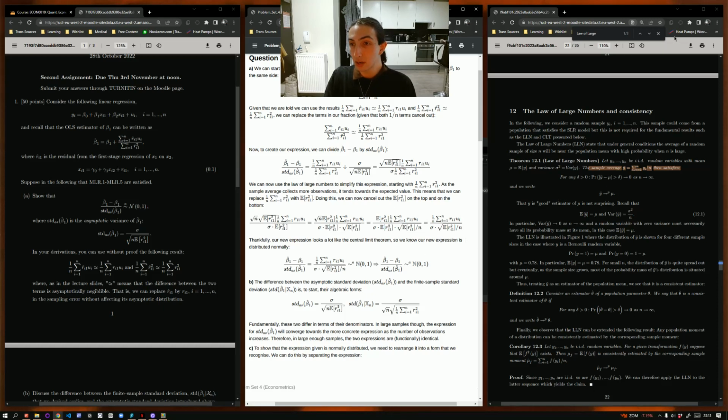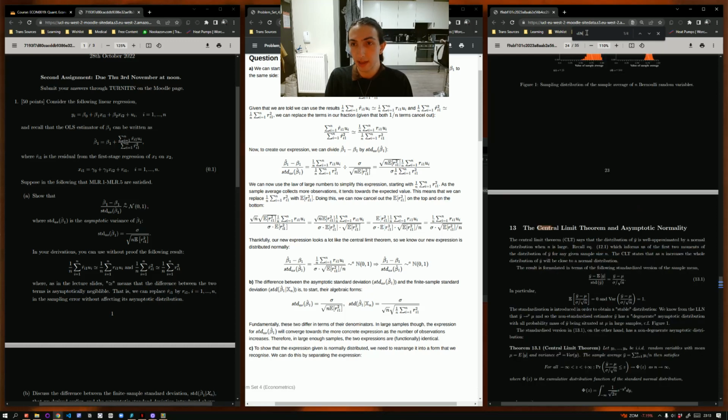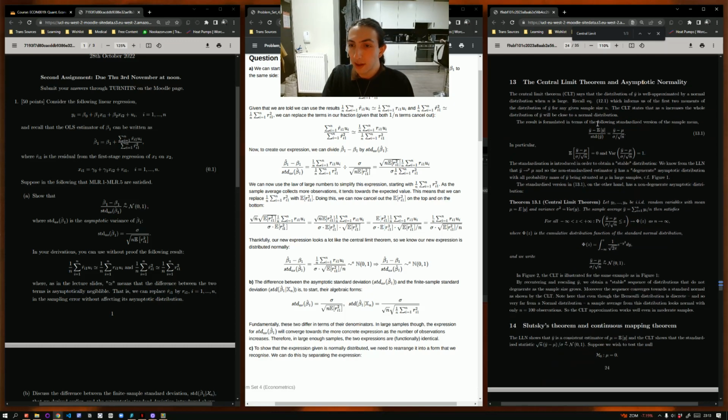Now, the good thing about this is that, as we also looked at this week, this expression we've got is now satisfying the central limit theorem. I forget the name. Central limit, yeah. This satisfies the central limit theorem. As you can see here, it's essentially satisfying the same thing as what we've said here.